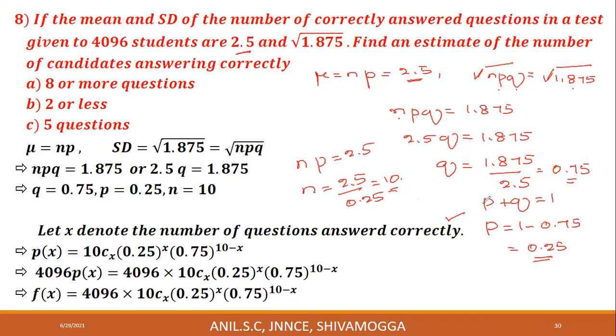Now construct the probability function. P of X is equal to NCX. N is 10, therefore 10CX into P power X, 0.25 power X, into Q power N minus X, 0.75 power 10 minus X. This is the probability function with respect to each student.